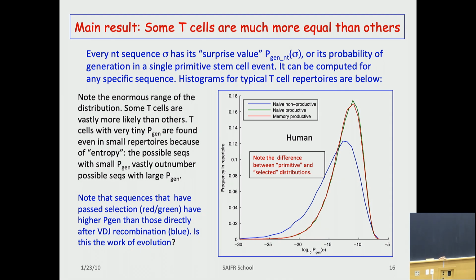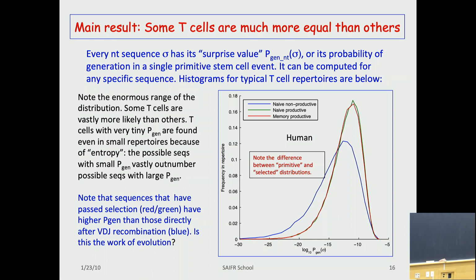All of these sequences, even though they have been selected, were made by this original generative process, and they can be tagged with that probability. The distribution is interesting in the sense that the average has moved to the right. It's moved to higher generation probability.